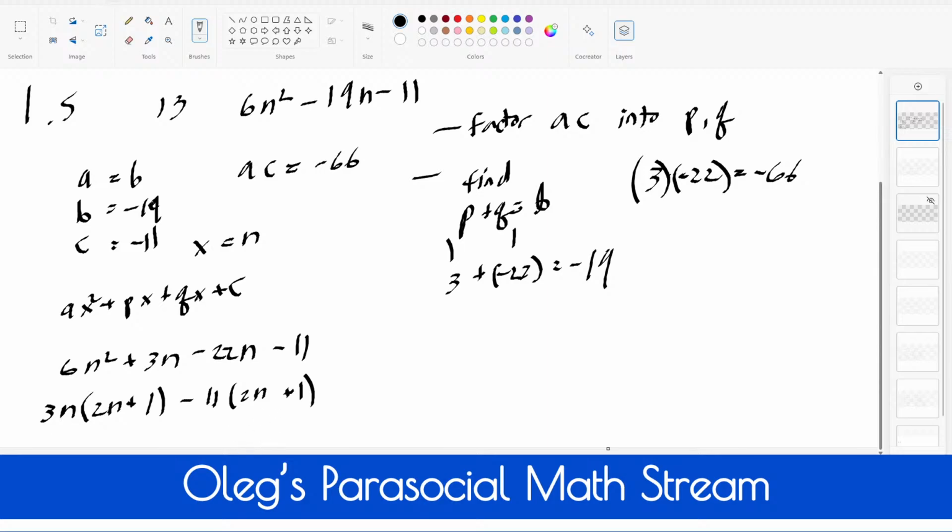Well, if that's the case, then we can just put them together and multiply them by the 2n plus 1, and there we have it. We have now completed the factoring, and again, it's written in terms of n. So, got that part. Let's check the book. 3n minus 11 and 2n plus 1. Perfect. All right, so far, so good.